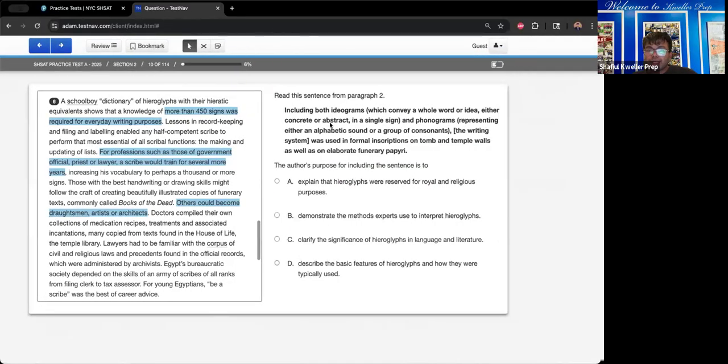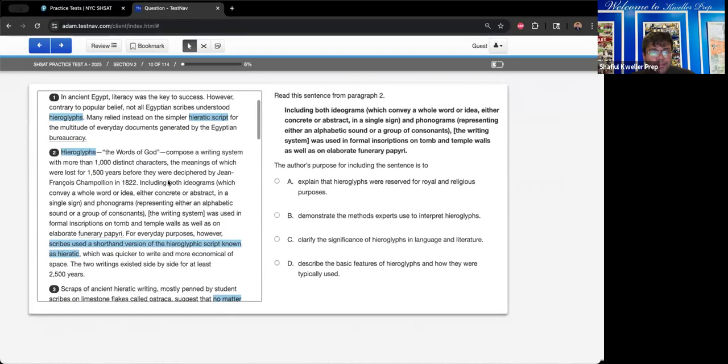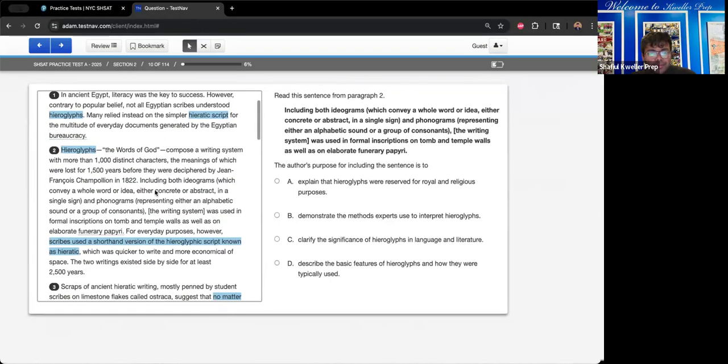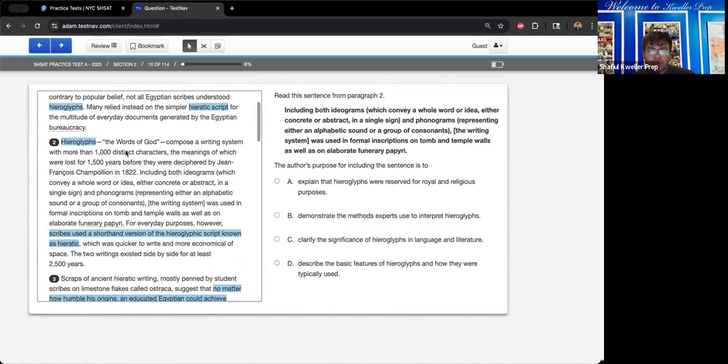The author's purpose for writing this sentence is to, let me read. Okay, this is paragraph 2. Paragraph 2 talks about hieroglyphs and what they're composed of, and then it gives us the history of both.